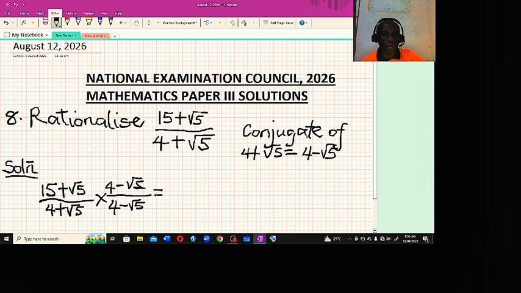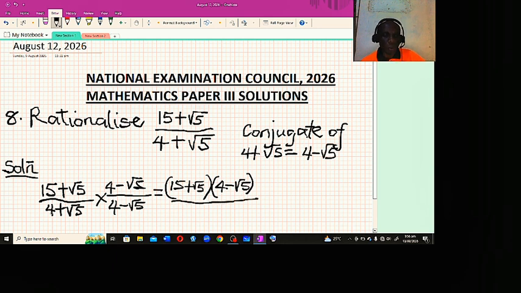So we move ahead, we will have 15 plus root 5 into 4 minus root 5. You see, it's very easy. You know, maths is the easiest or one of the easiest science subjects.